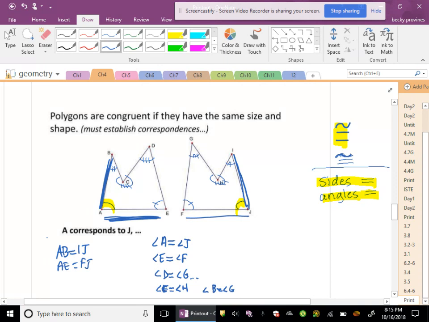And we're going to do this to all 5 sides. DE corresponds and is congruent to GF. BC is corresponding and congruent to HI. And lastly, CD is corresponding and congruent to GH.